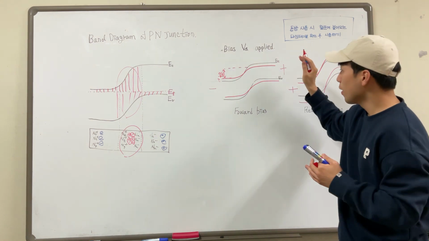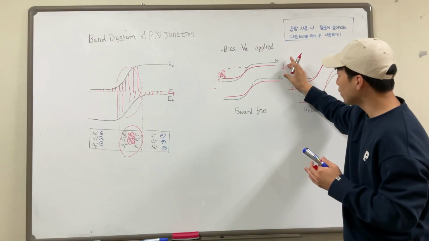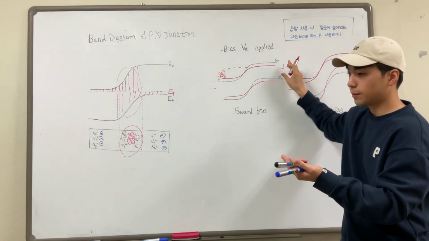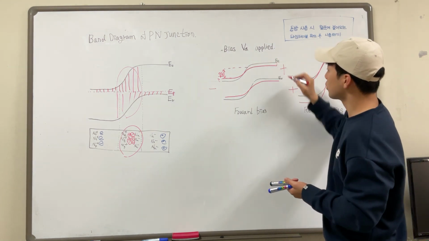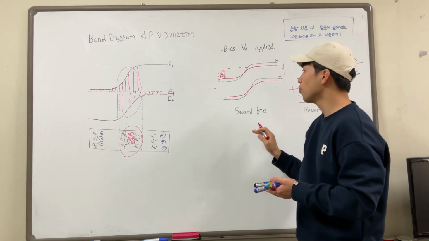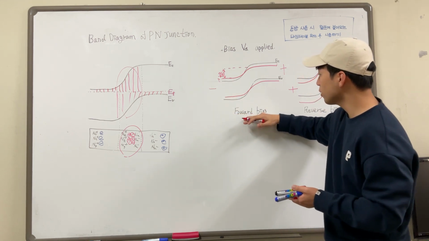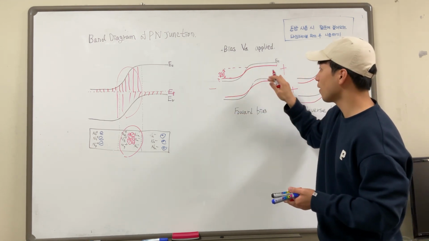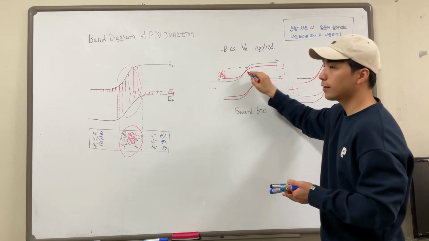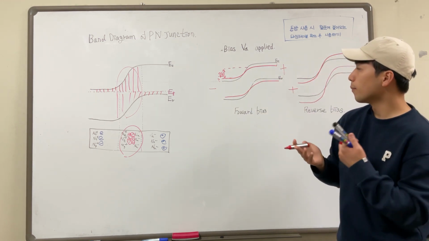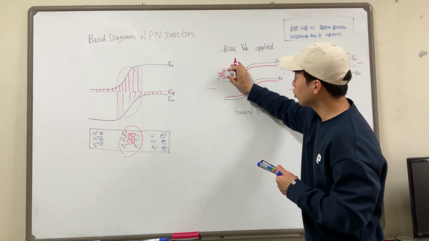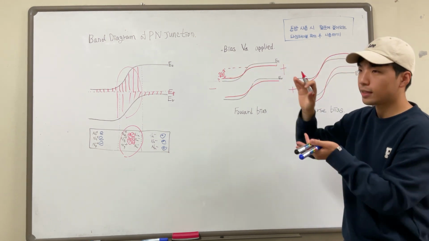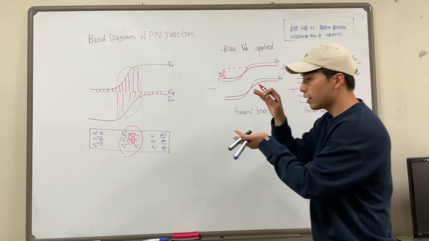And when the p-type semiconductor gets a plus charge, the energy band goes lower. So for forward bias, we can draw the band diagram like this red graph. It means the junction voltage becomes smaller than in the equilibrium state.